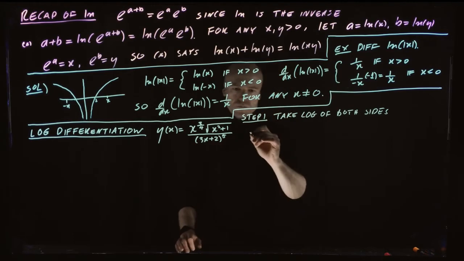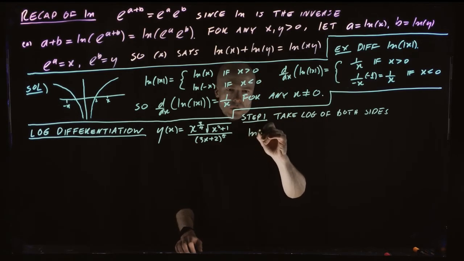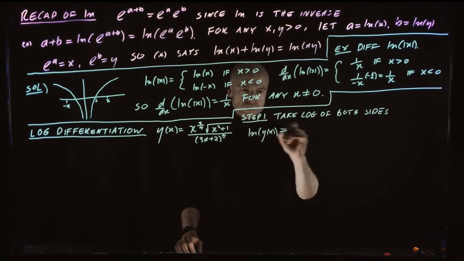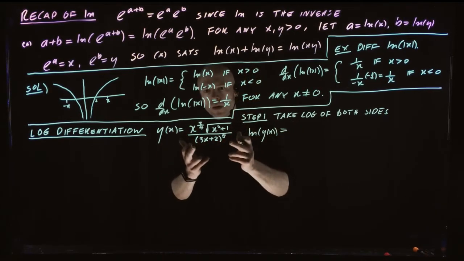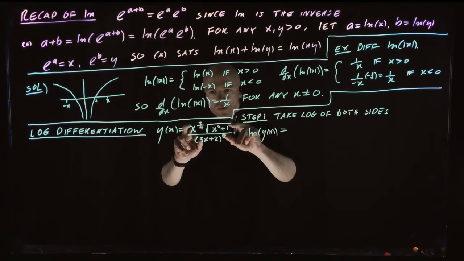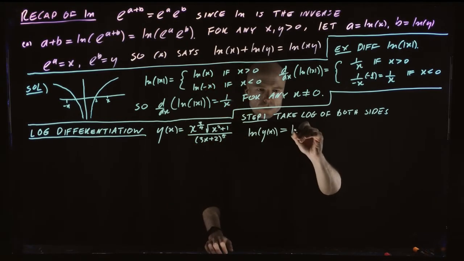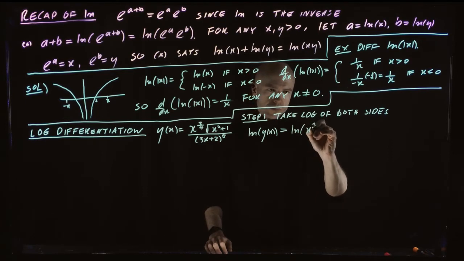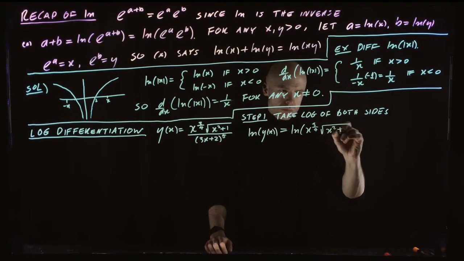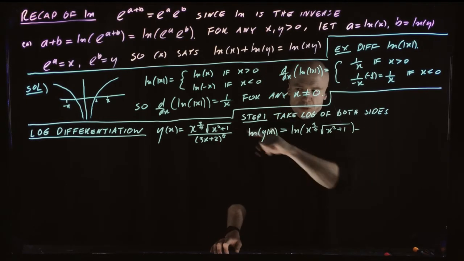And if we do, then what happens? We have log of y of x, and then log of this thing. But log of this thing, we can apply our log rules and make it much simpler. So first of all, let's break it up into log of the top minus log of the bottom. Let's pull out the 5 straight away.